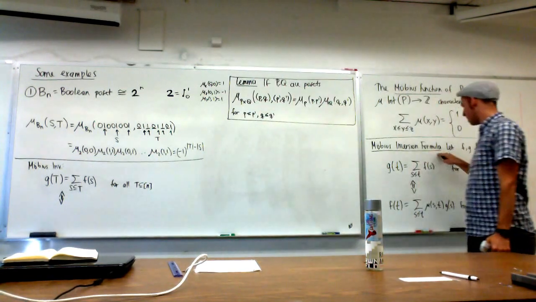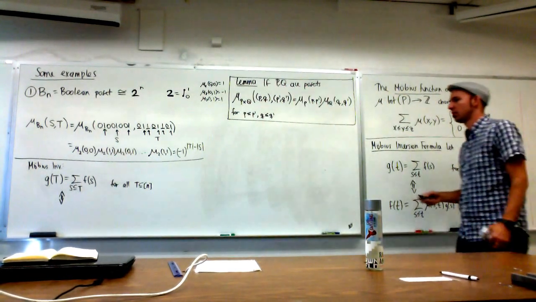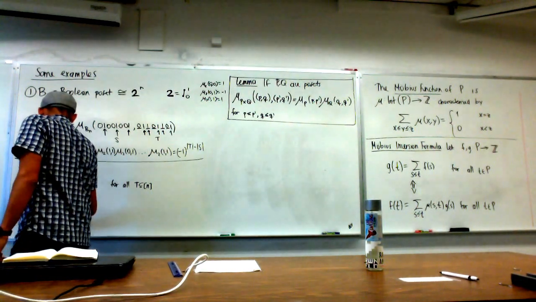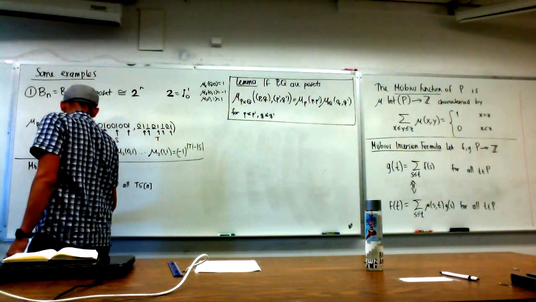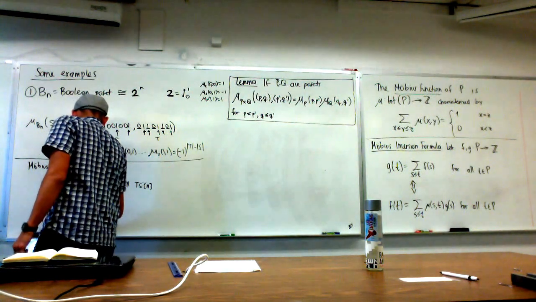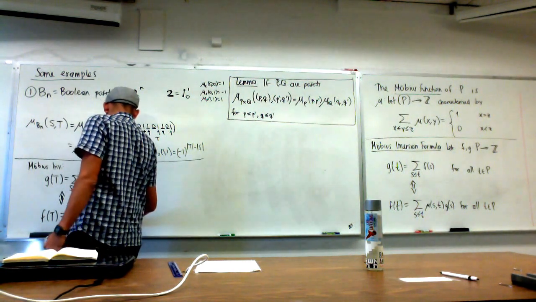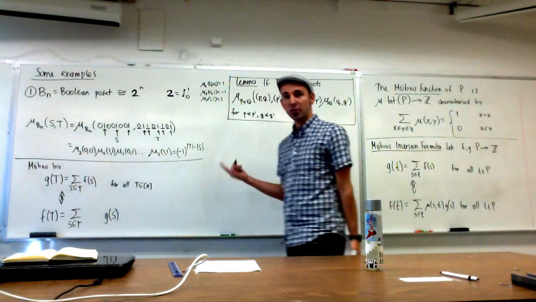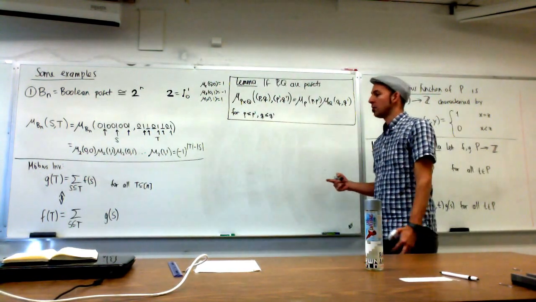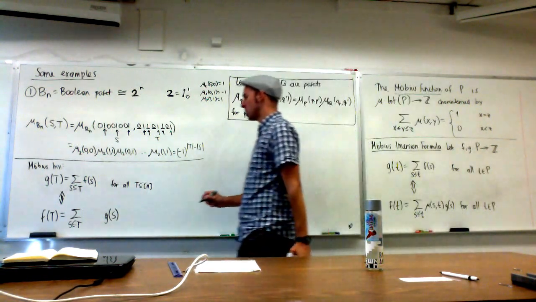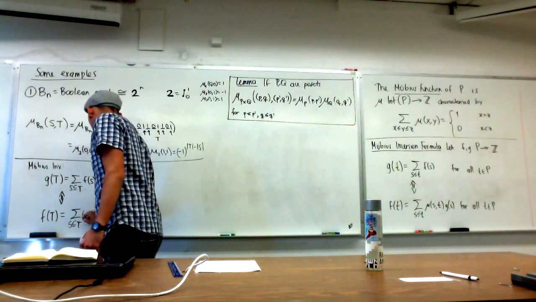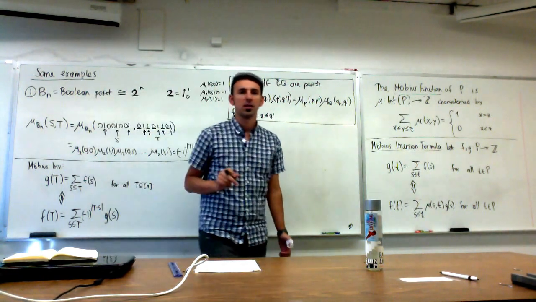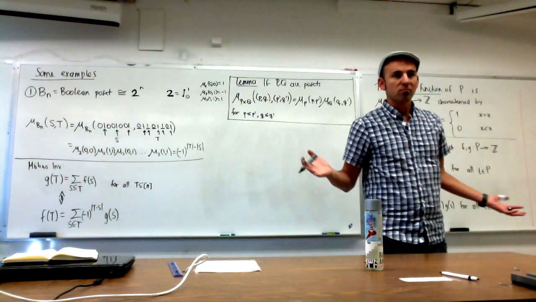Okay, so Moebius inversion just says this, and so I'll just write it like this: f of T equals the sum over the subsets S of T of g of S, but I have to put the Moebius function. But I know what the Moebius function is. The Moebius function is just -1 to the T minus S. And so this is familiar to us.